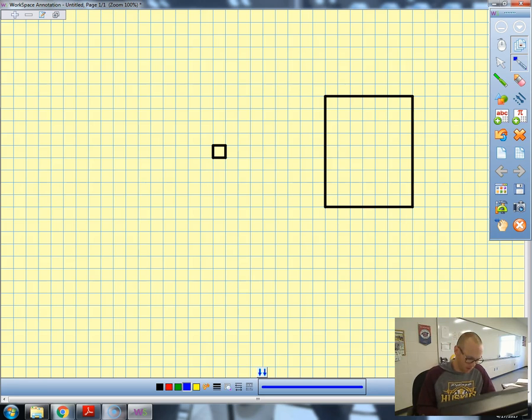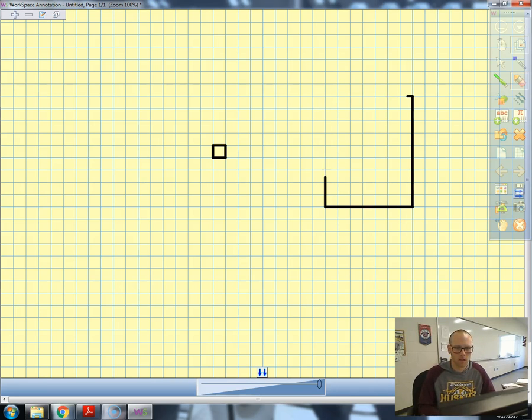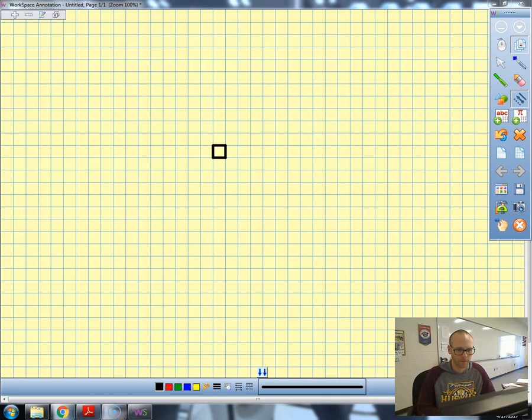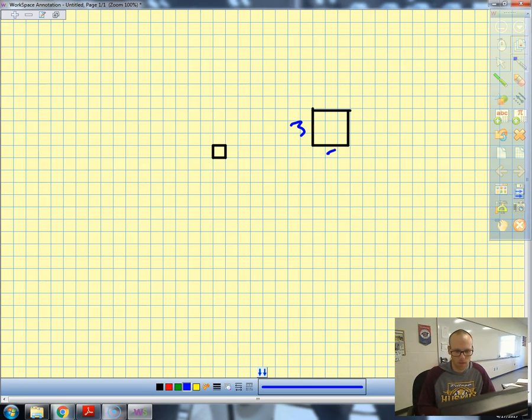Now, if the square is, let's say, something like this. This is 3 by 3. The area is 9. We can see all 9 square units that make up this square.